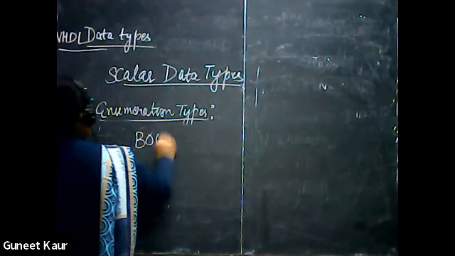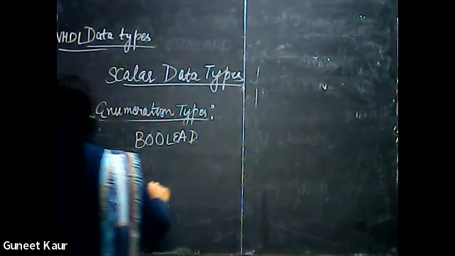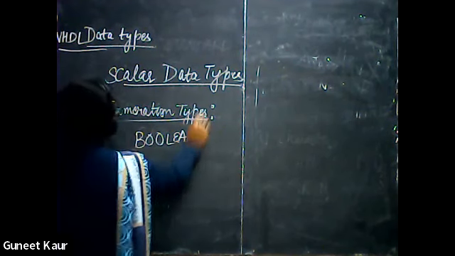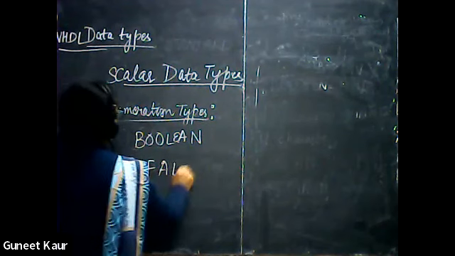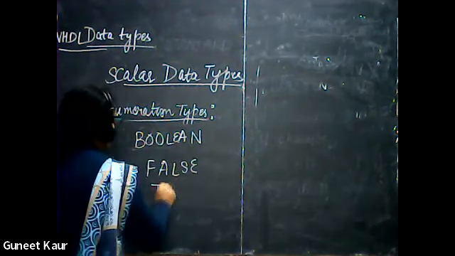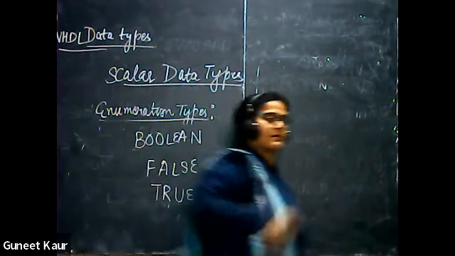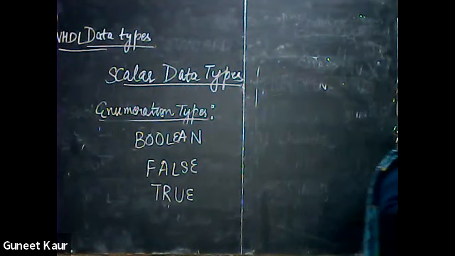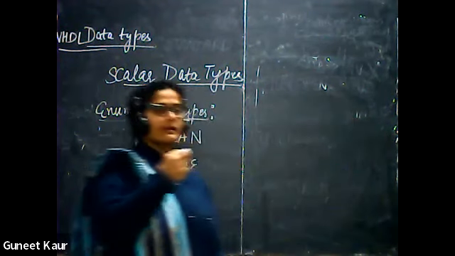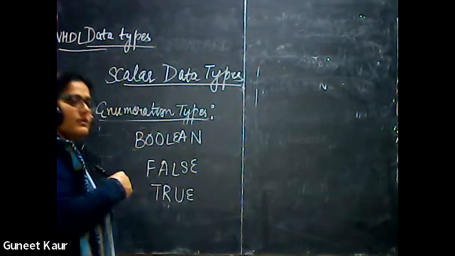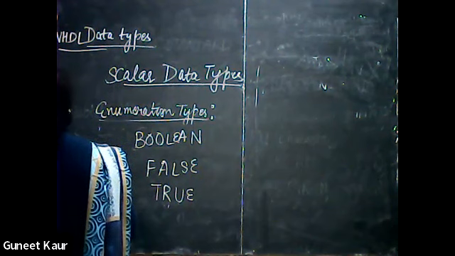In the case of boolean, we have only the literals false and true. Two literals are always there in boolean: one is false and second is true.